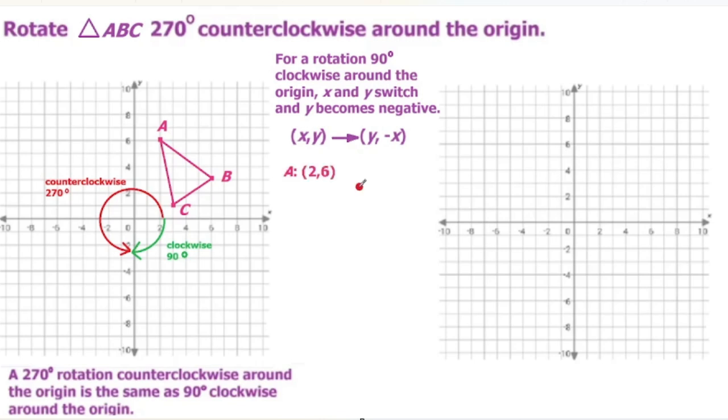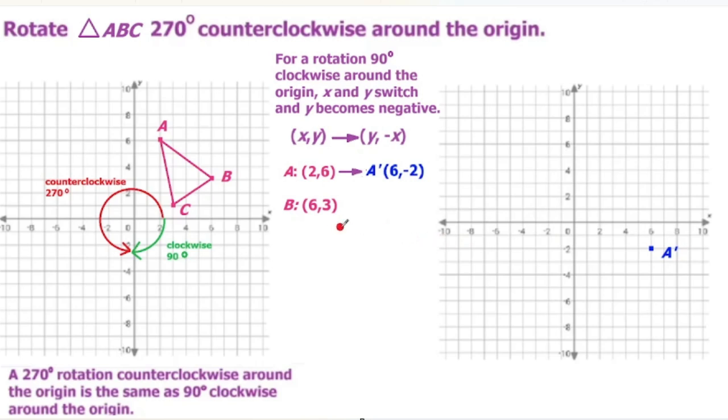So if we have point A, 2, 6, which is here, A is at 2, 6, so now the new point is going to be 6, -2, okay? So we've plotted it here, 6, -2. So these two switch and then this becomes negative.